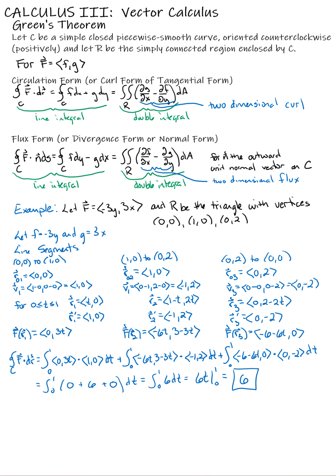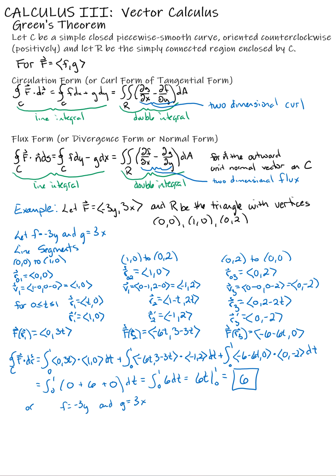Okay, let's also take a look at this using the double integral. So notice for the double integral, again, we've got f is equal to -3y and g is equal to +3x.